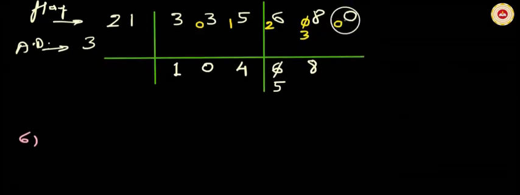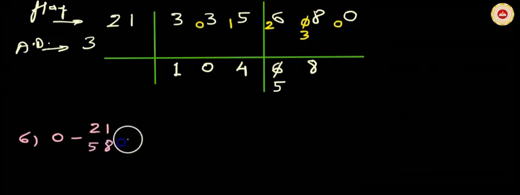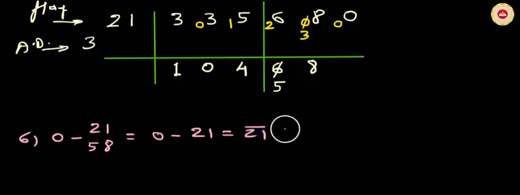Okay, step number 6. Step number 6 is gross dividend 0 minus cross product of two flag digits and last two quotient digits, that means 5 and 8, which gives us 0 minus 8 twos are 16, plus 5, that is 16 plus 5, 21, which gives us minus 21. Again, net dividend is negative.